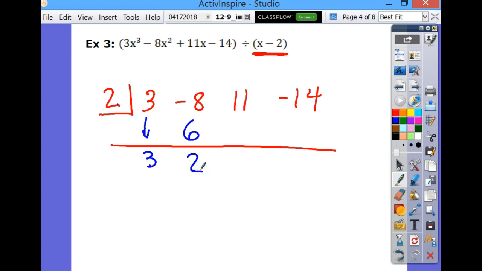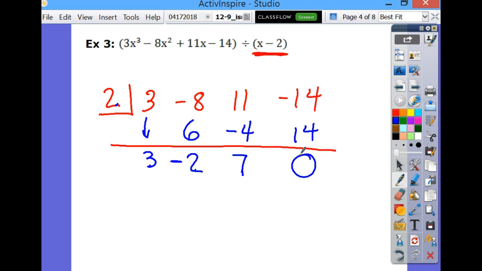A +2 or a -2. Multiply, and that will give you -4. Add up the columns. Multiply the 7 times the 2, and that will give you a 14. That makes a remainder of 0.